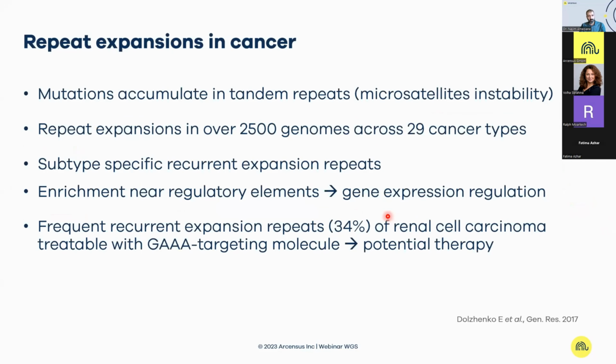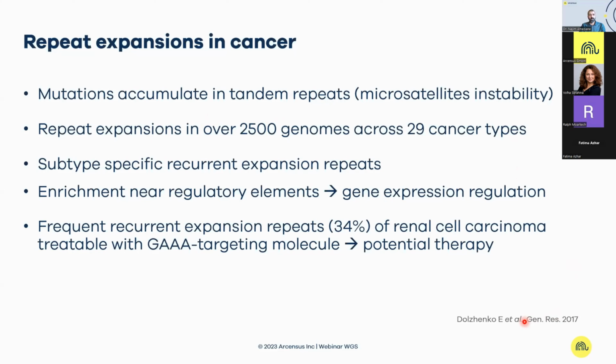And the take-home message from this study is that cancer has a mutator phenotype, where the DNA maintenance machinery has some problems, and therefore more mutations accumulate, mainly in the tandem repeats. These repeat expansions were identified in over 2,500 genomes, and they were also able to show that some tumor subtypes had specific types of recurrent expansions.